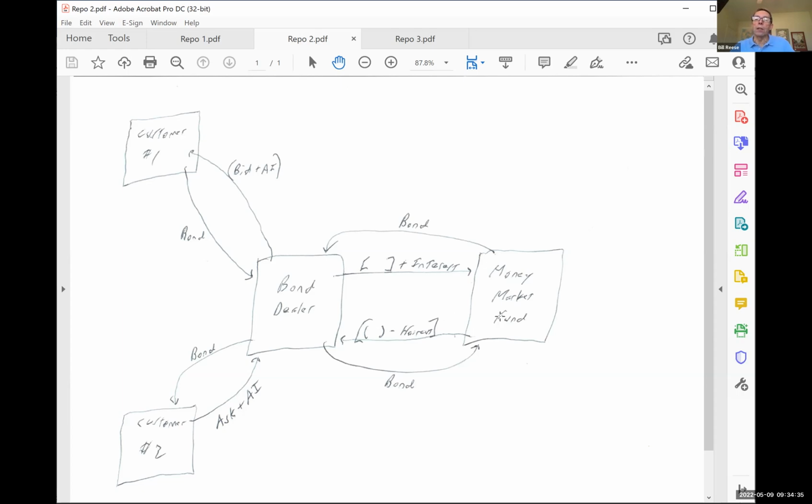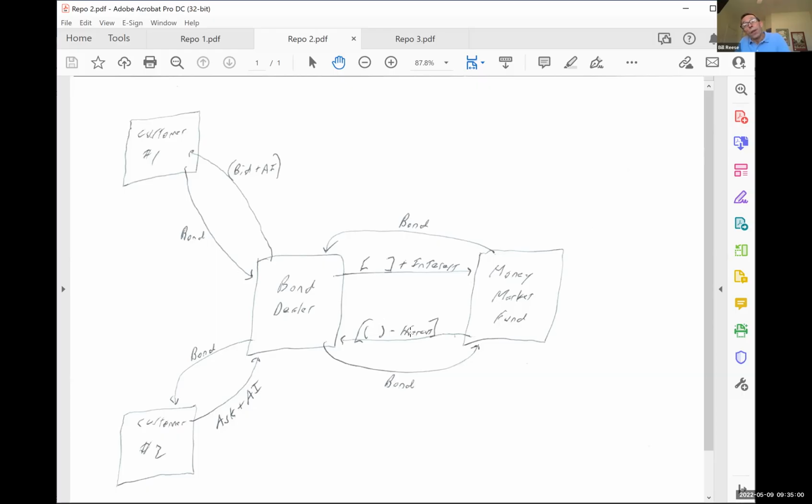What the money market fund is going to lend to the bond dealer is that amount of money minus a haircut. A haircut is not something where you go to the barber, okay, but it is a subtraction from the value of the bond. It is typically about 50 basis points, okay, and in the example we're going to use, it's going to be 50 basis points.